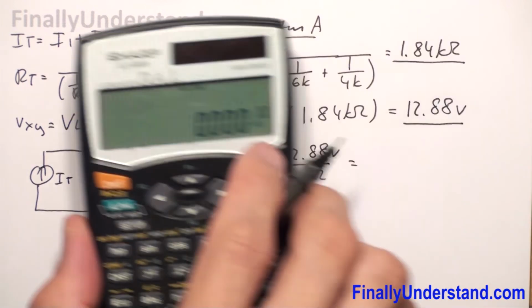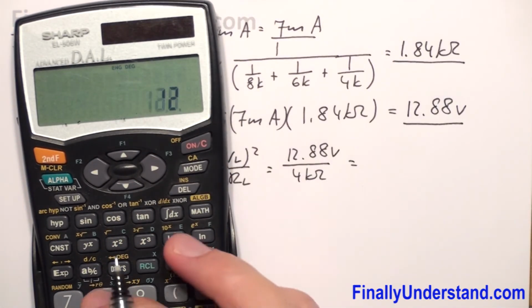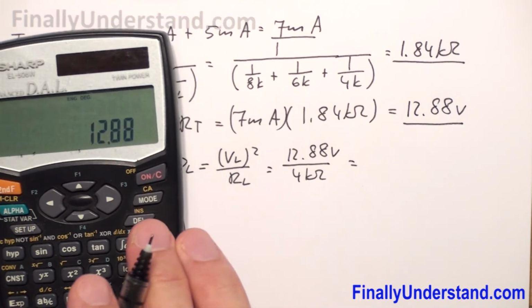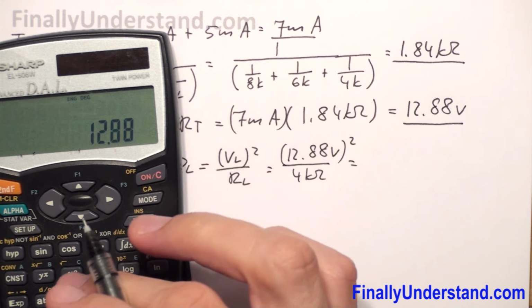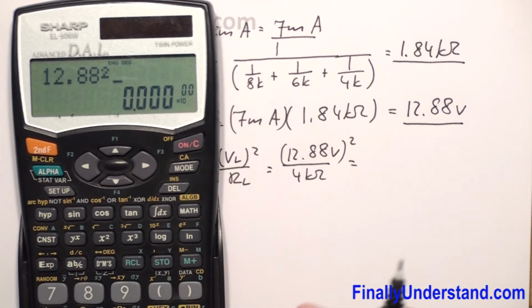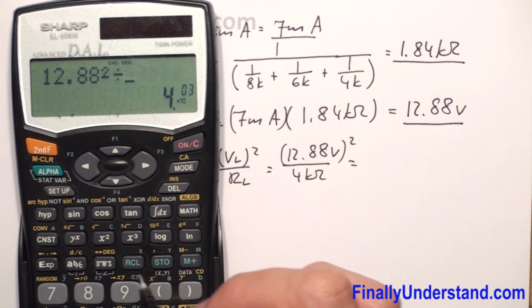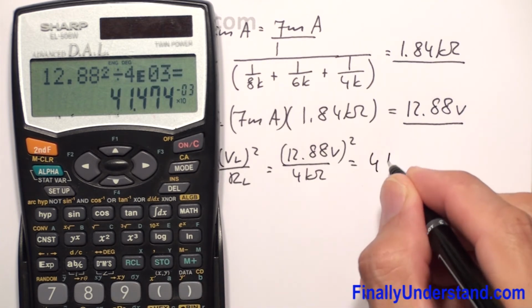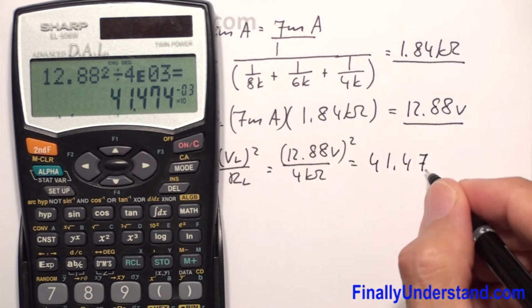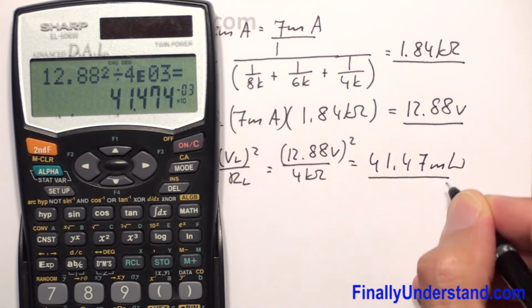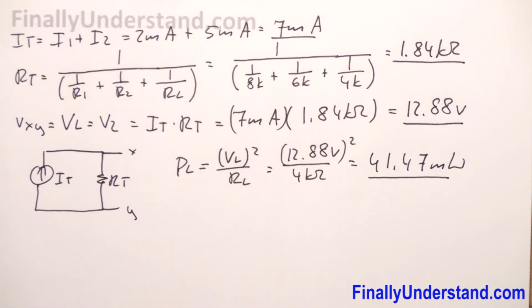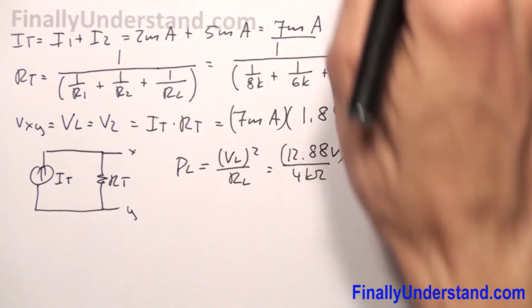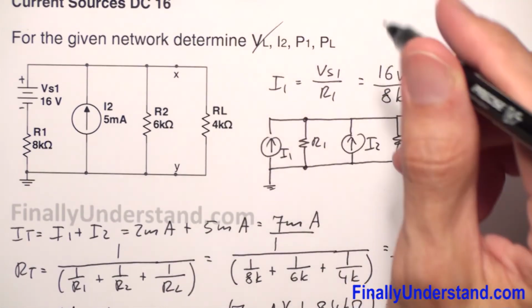This is equal to 12.88, of course, to the second power, divided by 4 exponent 3. This is equal to 41.47 milliwatts. So this is my PL.